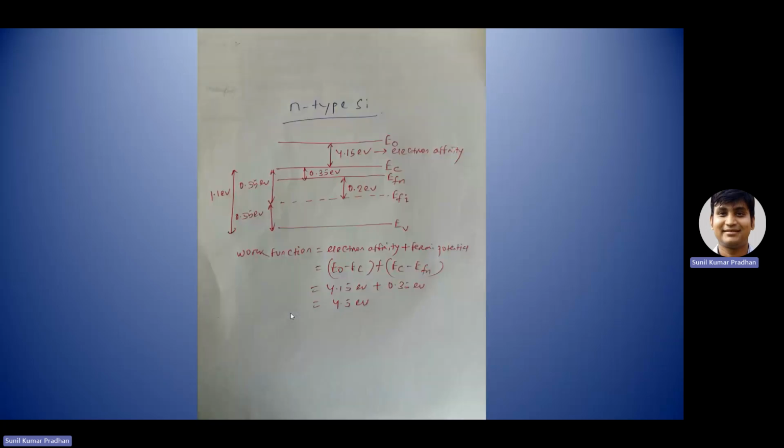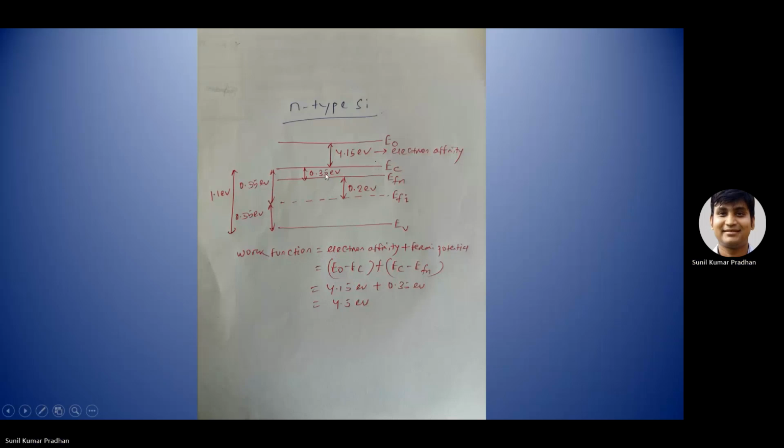Now let's go to the n-type silicon substrate. How is the work function here? Now in this case, the Fermi level is situated just below the conduction band. The extra energy level is created by the donor atoms. So if you can see here, EFN, that is nothing but the Fermi energy level of n-type silicon, is created just below the conduction band.